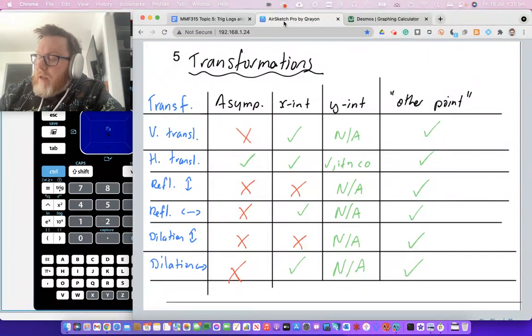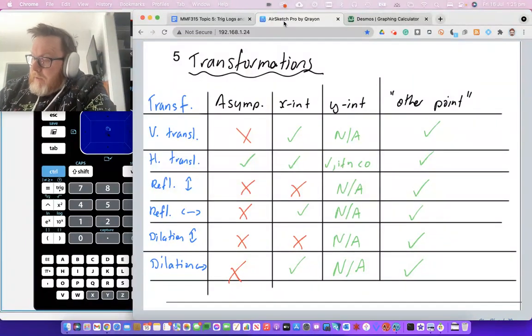The other point is always affected. And x-intercepts are really only not affected with reflections and otherwise are. So this table sort of gives you a sense of what should change.